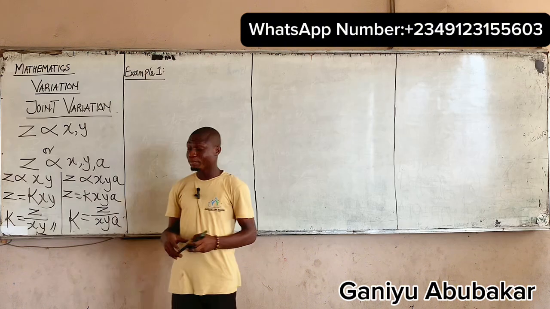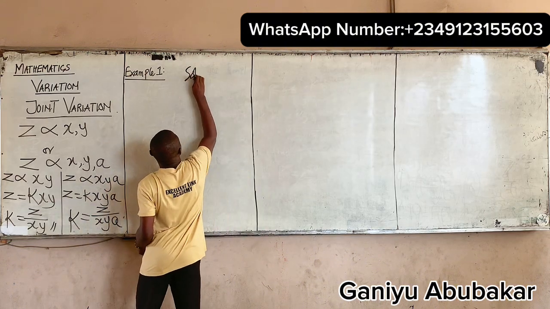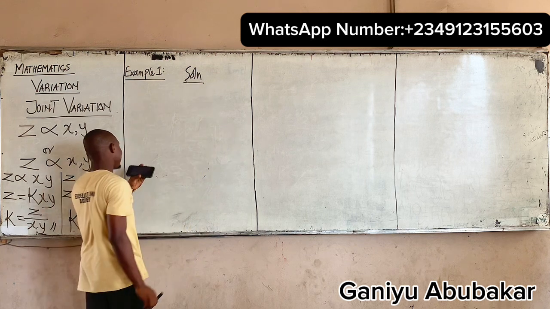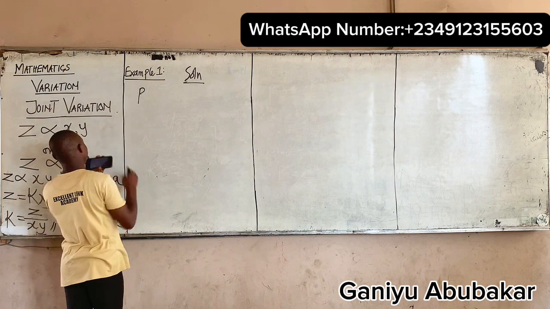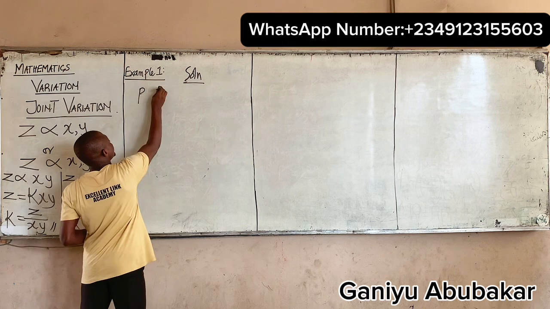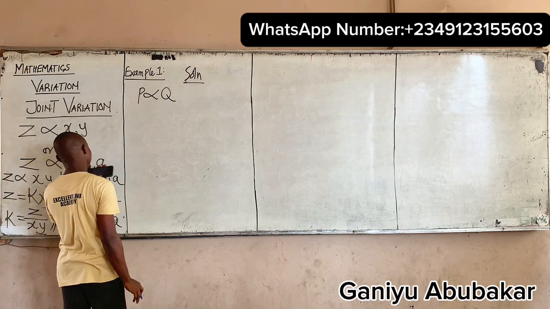It's easy. Let's start problem 1. Solution. P varies directly as Q. This is the direct relation, right?